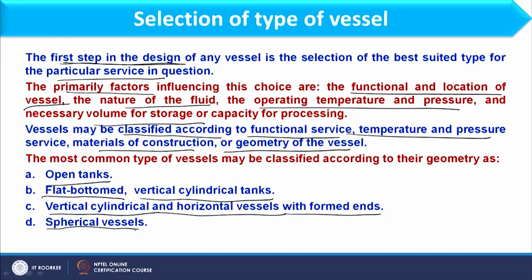And the next shape I am having is the spherical vessel. So, here we have cylindrical tank as well as spherical tank. Cylindrical, you understand, can be placed horizontally as well as vertically, and with flat head, with formed head. However, that orientation will not be considered in spherical.